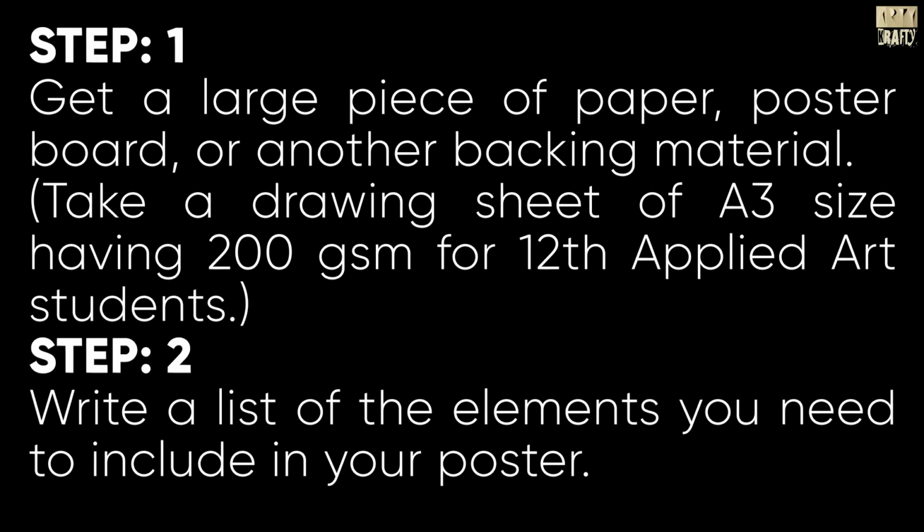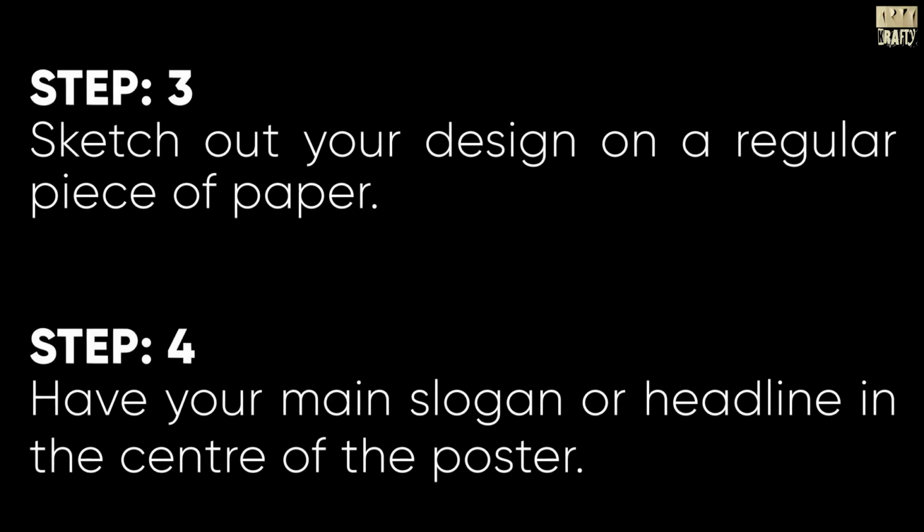Step 2. Write a list of the elements you need to include in your poster. Step 3. Sketch out your design on a regular piece of paper. Step 4. Have your main slogan or headline in the center of the poster.